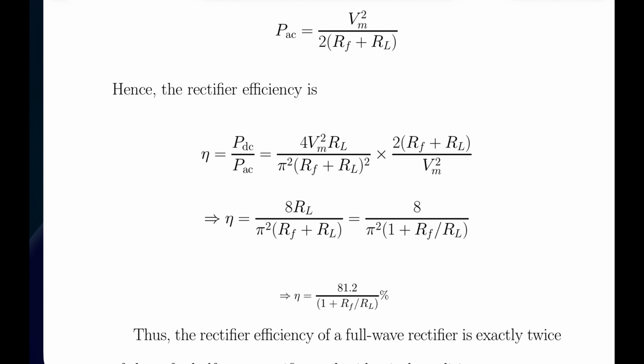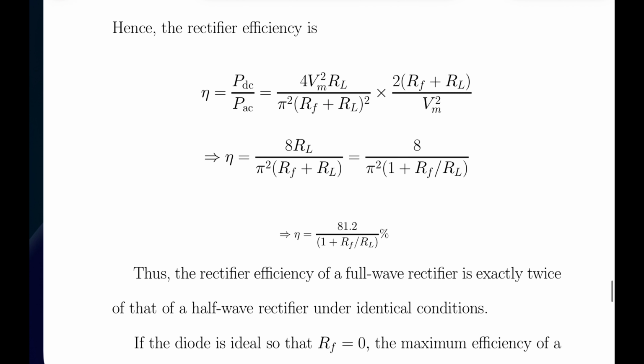And therefore, the rectifier efficiency, which is defined as the ratio of PDC upon PAC, is equal to this much. So eta comes out to be 81.2 upon (1 plus Rf by RL) percent. Here we have simply put the value of PDC and PAC to get the result.